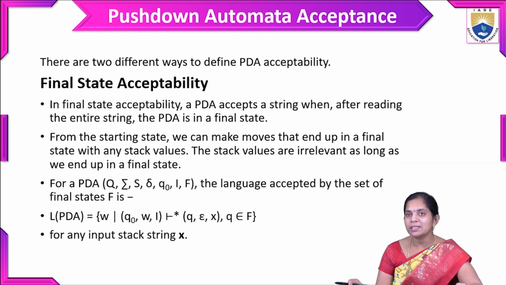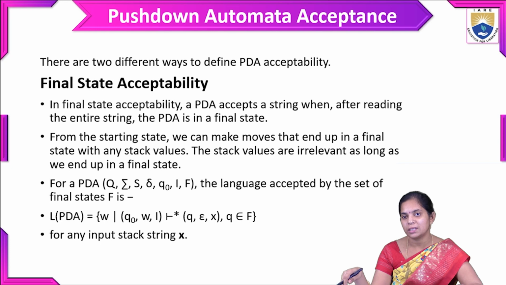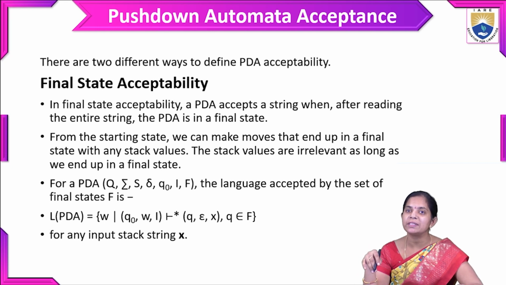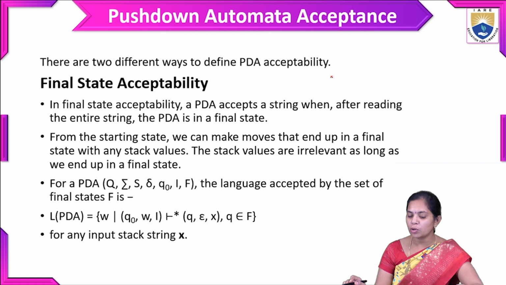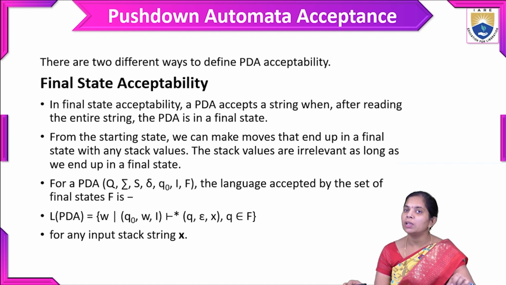Final state acceptability means that after consuming all the input symbols, whenever it reaches the final state, it is named final state acceptability. A pushdown automata accepts a string when, after reading the entire string, it is in a final state.